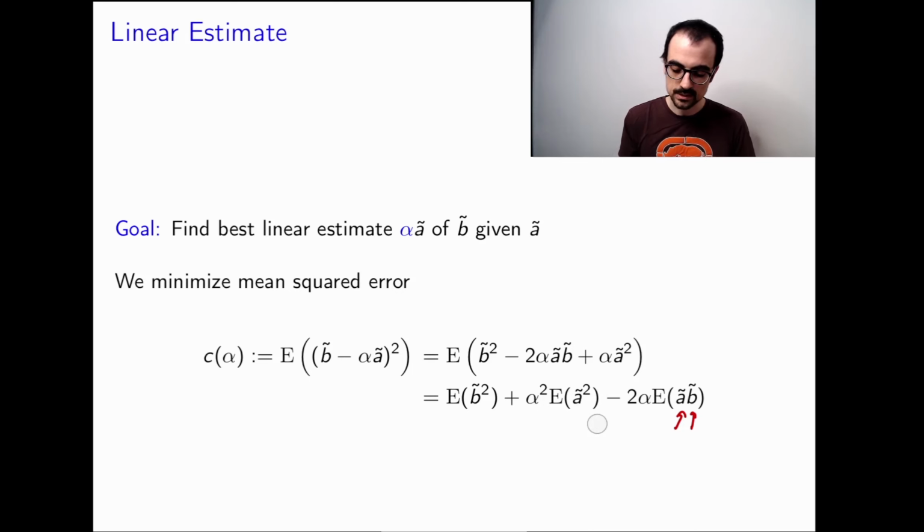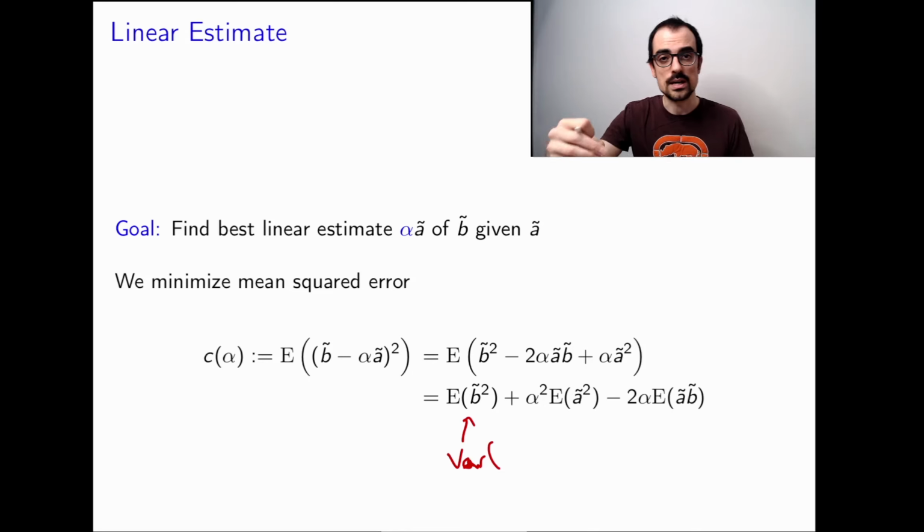Now we remember that we're concentrating on random variables that have zero mean and unit variance. Since they have zero mean, their variance is just equal to the mean square. Because remember that the variance is equal to the mean square minus the square of the mean, but here the square of the mean is just 0. So this is just going to be equal to the variance of B, which is 1 by assumption.